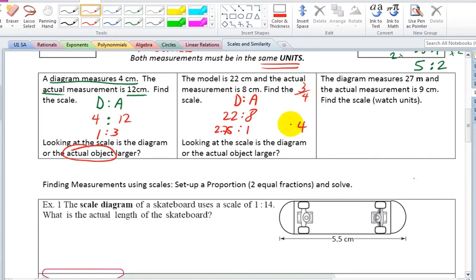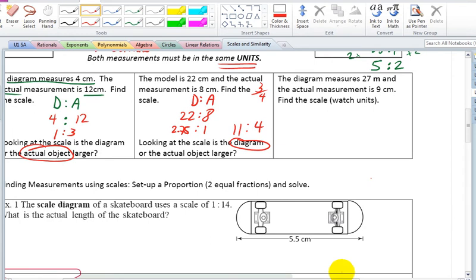So then we get 4 to 11. So then we have no decimals. That's a little tricky. Which one's larger? Diagram's larger because 11 is the diagram number, it's bigger.